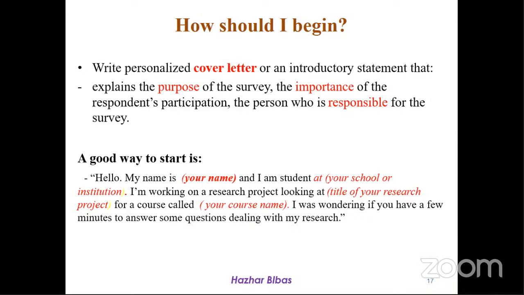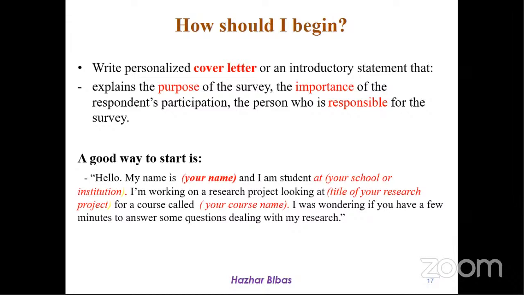Why? If you say, my name is so-and-so, I'm working at this university, I'm going to do research with this title, your time is really important for us, all your answers will be secret and we will use them only as researchers for our research, and so on.